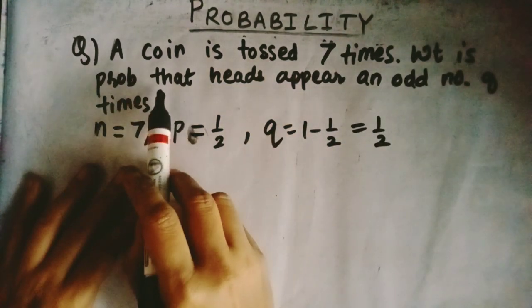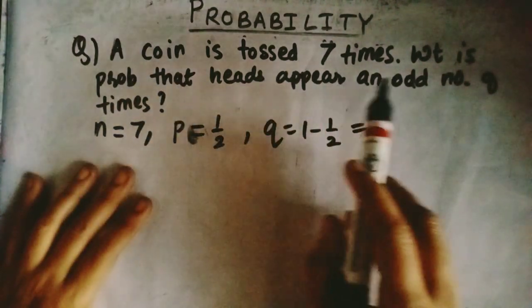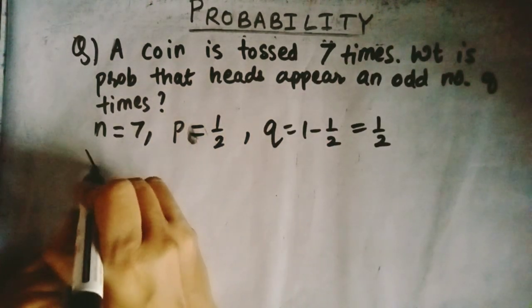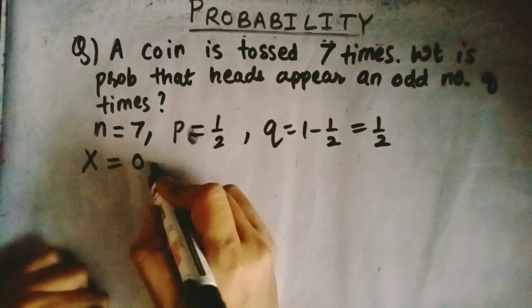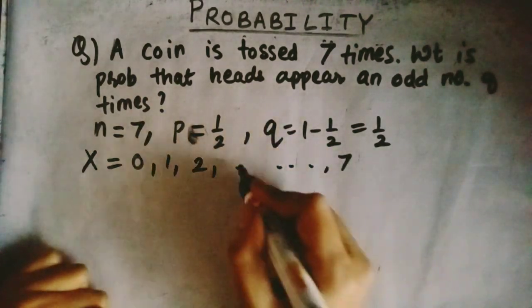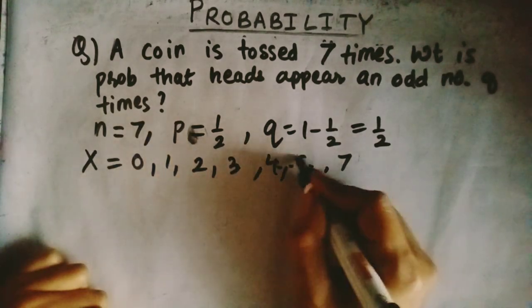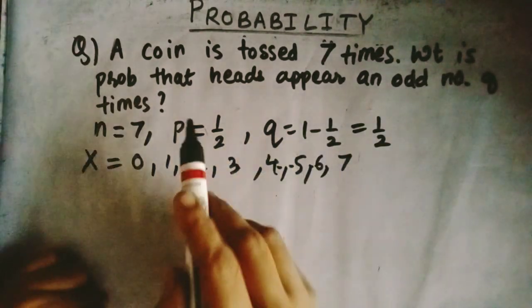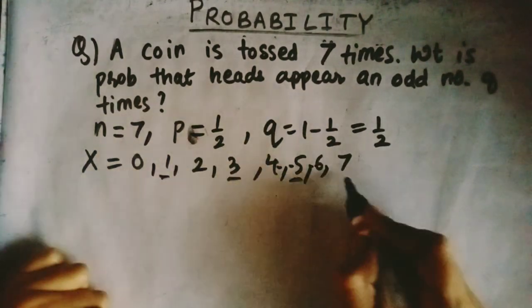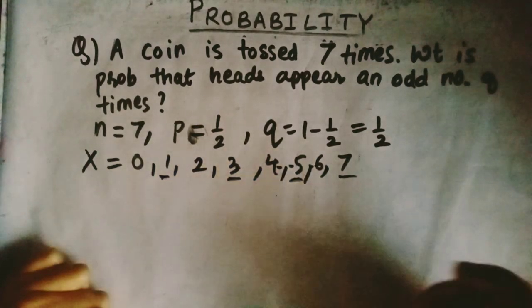Now you have to see the probability that heads appear an odd number of times. So first you find the random variable x. This is from 0, 1, 2, 3, 4, 5, 6, 7. Odd number of times: 1, 3, 5 and 7. So this you have to add.